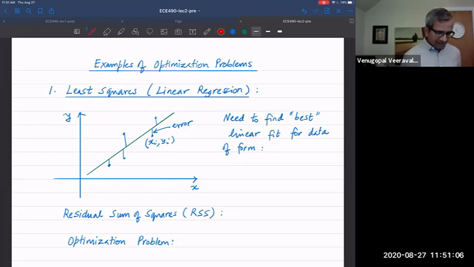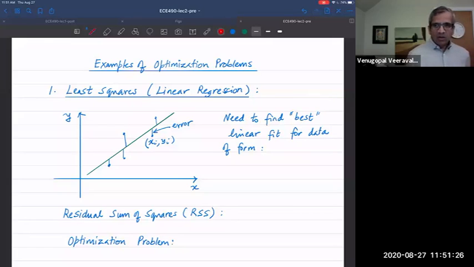In this case, just for illustration, x and y are both scalars, but think of x being something very high dimensional, and y might be a scalar. And you want to form a linear fit to the data, a linear relationship between the y and the x.